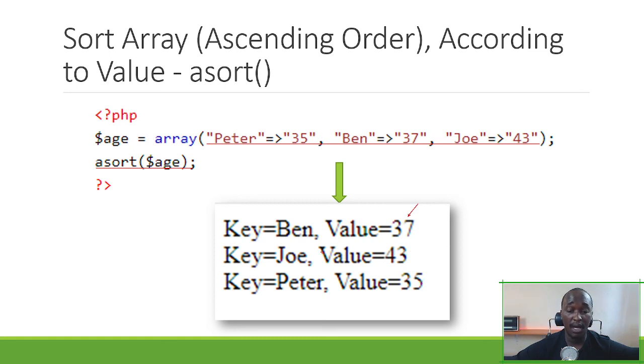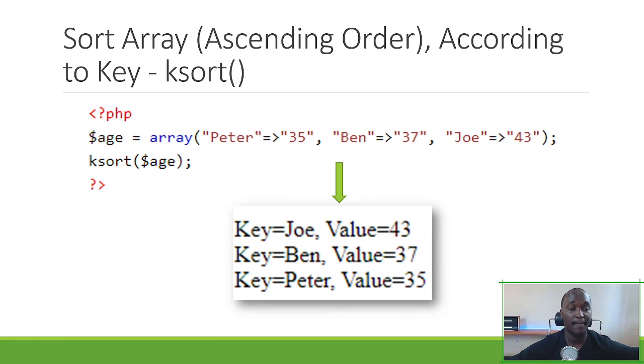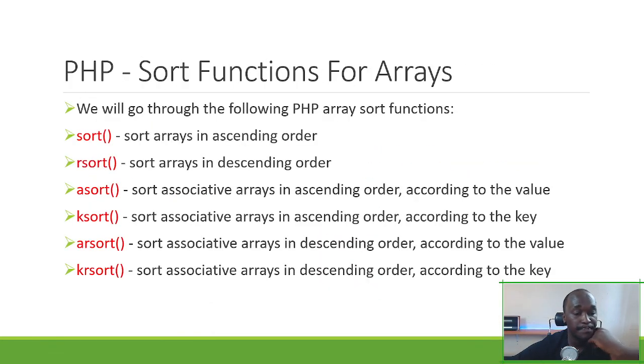Not really. According to the key, rather. I'm not sure. Is this example correct? Okay, let's go back. Okay, so asort will sort in ascending order according to the value. Yeah, it's supposed to be according to the value.